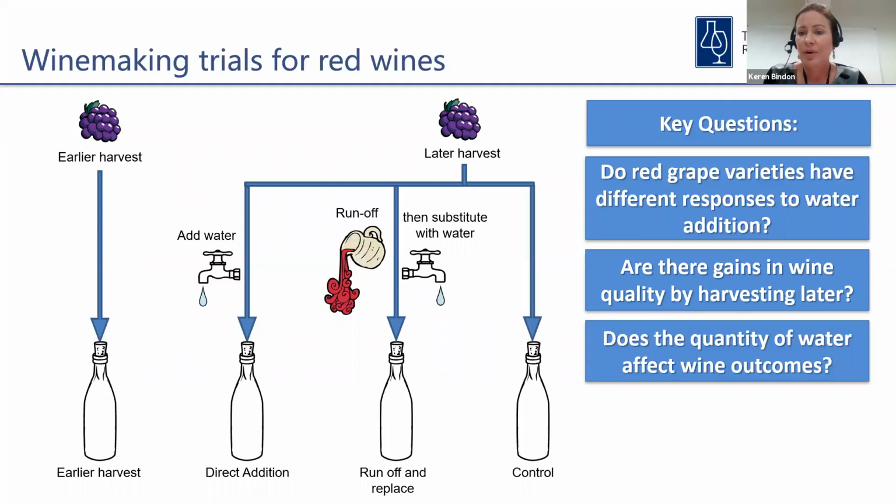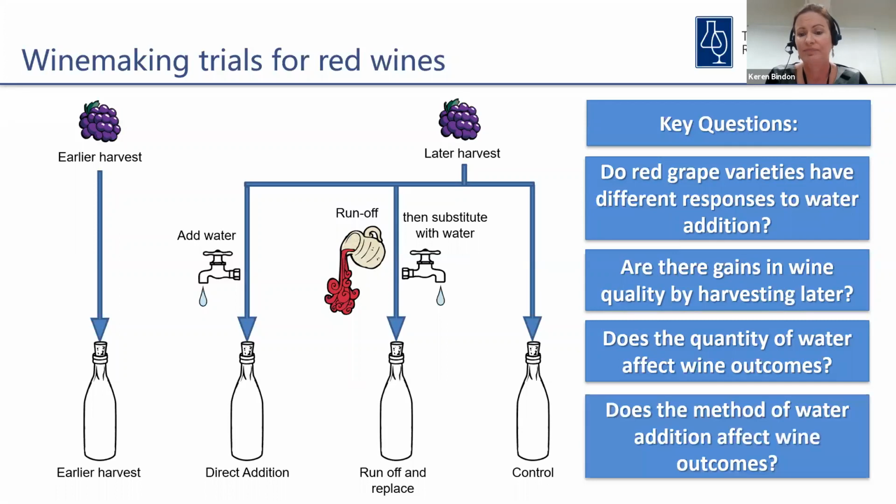Then, very importantly, does the quantity of water affect wine outcomes? So looking at that lowest level of 13.5 Baume, some of the studies we're looking at were done slightly before the Vezan's regulation, so we went to slightly lower levels of Baume, but it still asked the question: how much water can we really add and get away with it?